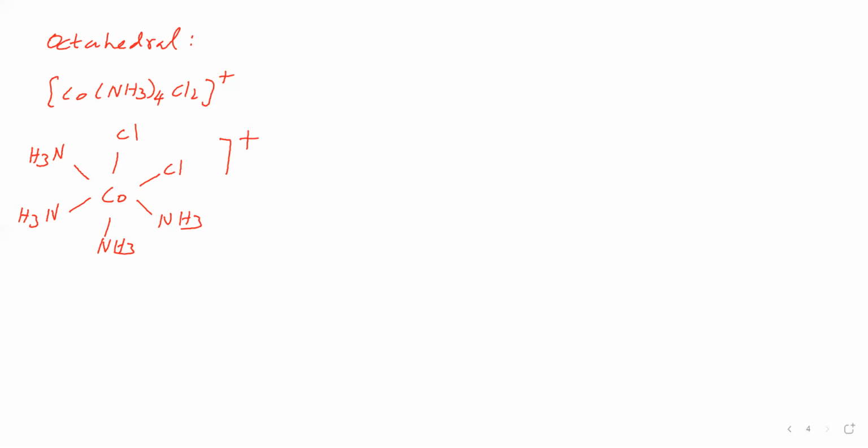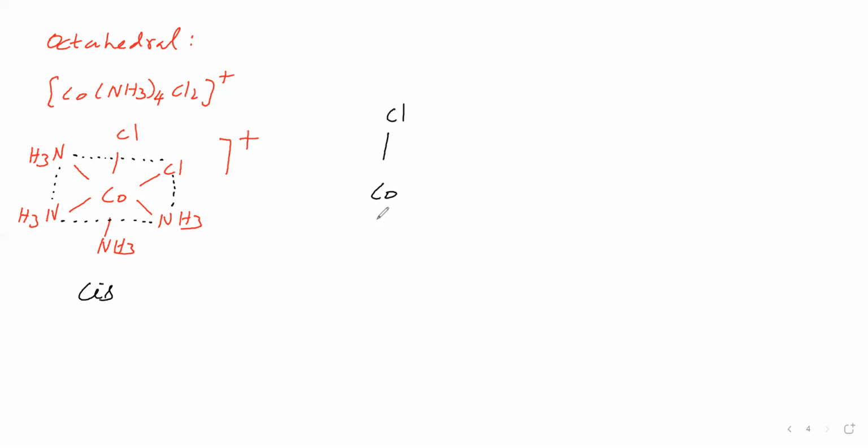Here we will show a square planar arrangement. Now this Cl is adjacent to this Cl, therefore we can say it is cis. This Cl and this Cl are at 90 degrees. Similar ligands are adjacent here, therefore it is cis. Now we will see the trans possibility.